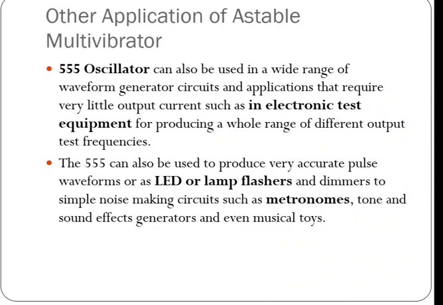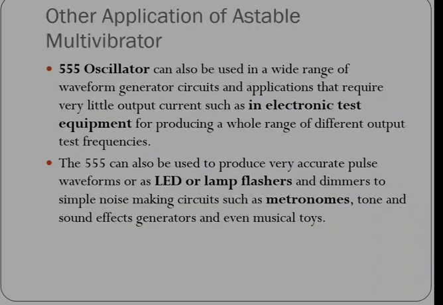It could be used to produce metronomes and flash lights. If you connect it with a speaker at the load end, it can generate musical tones depending on the frequency. So this is the complete portion.